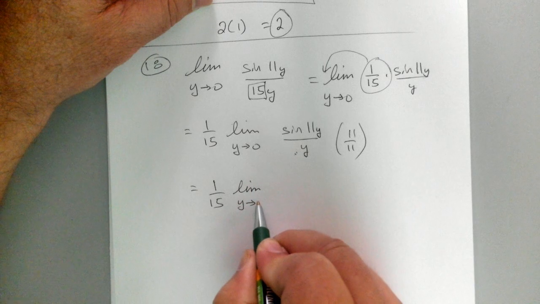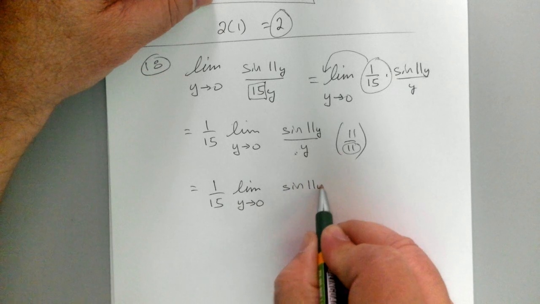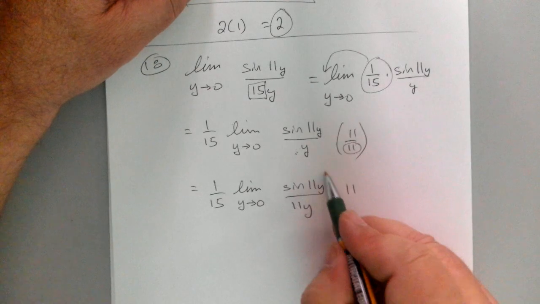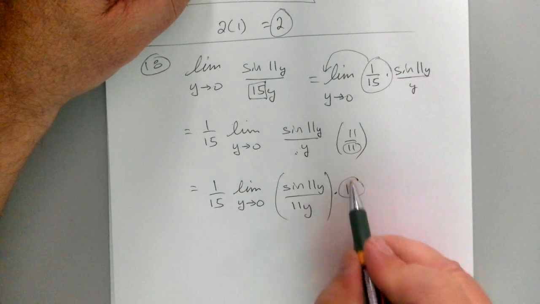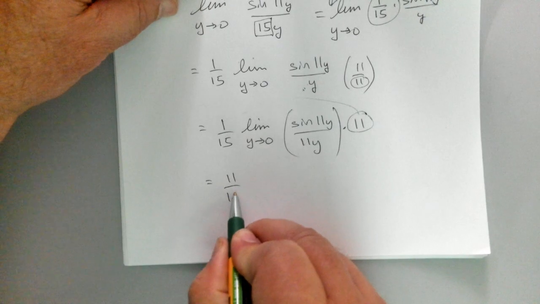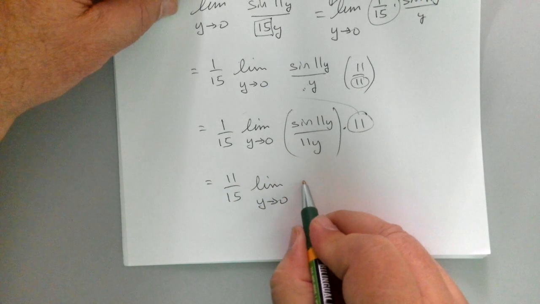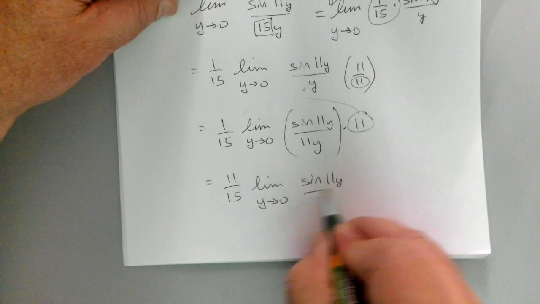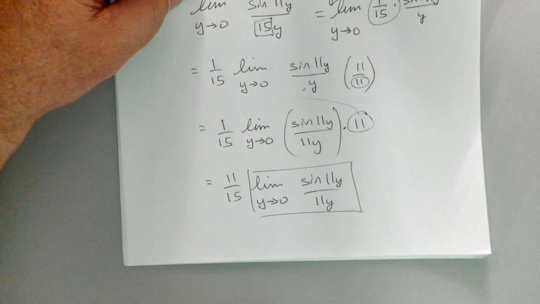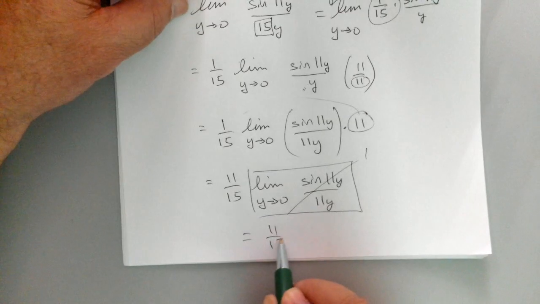So this 11 can multiply with the y down here, and this whole thing is times 11. It's a constant, so it goes out in front. 11 over 15, limit as y goes to 0 of sine 11y over 11y. What happens to this limit function? Goes to 1. So our answer is 11 over 15.